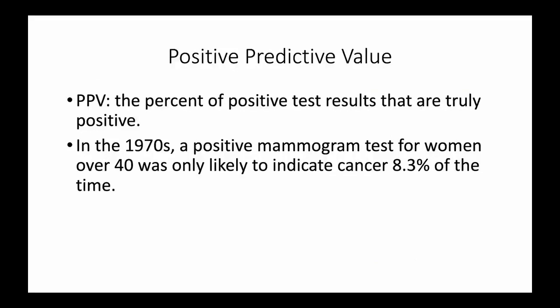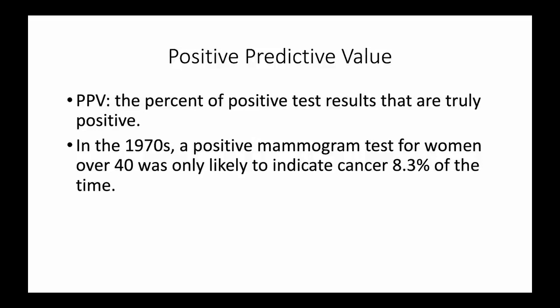I want to emphasize that this is valuable information. You're surprised at how low the predictive value is, but as a doctor, I have something to work with. The patient in front of me has 8 times greater chance of having breast cancer than the general population. This has helped me tremendously, and it's helped the patient.